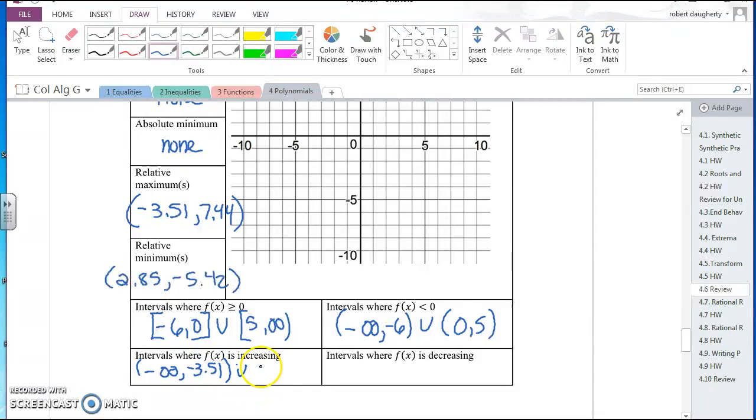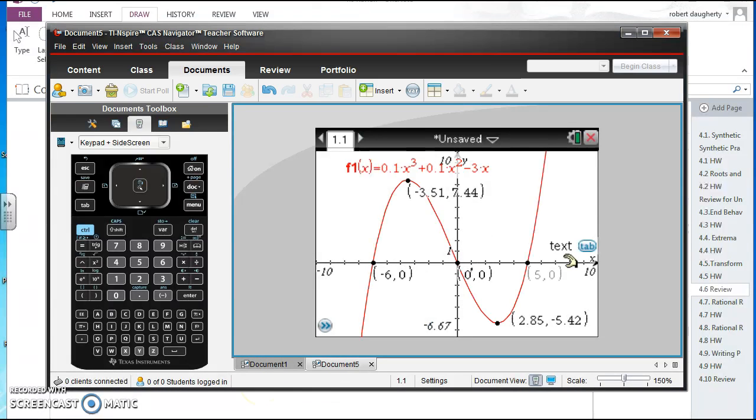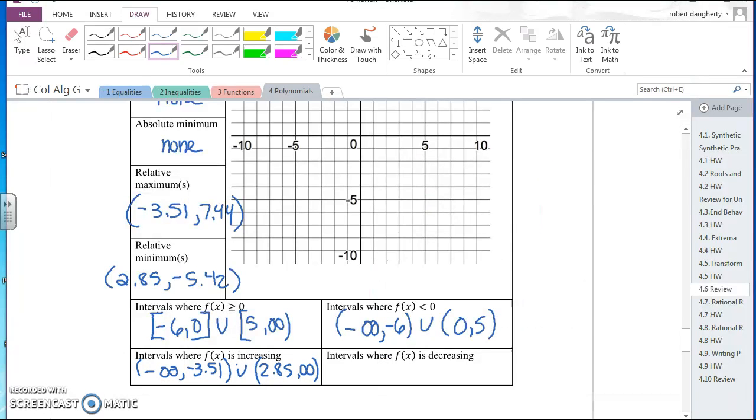So 2.85 to infinity is where it increases. Where is the function decreasing? It looks like the decrease interval is negative 3.51 to 2.85. That's the interval where it decreases.